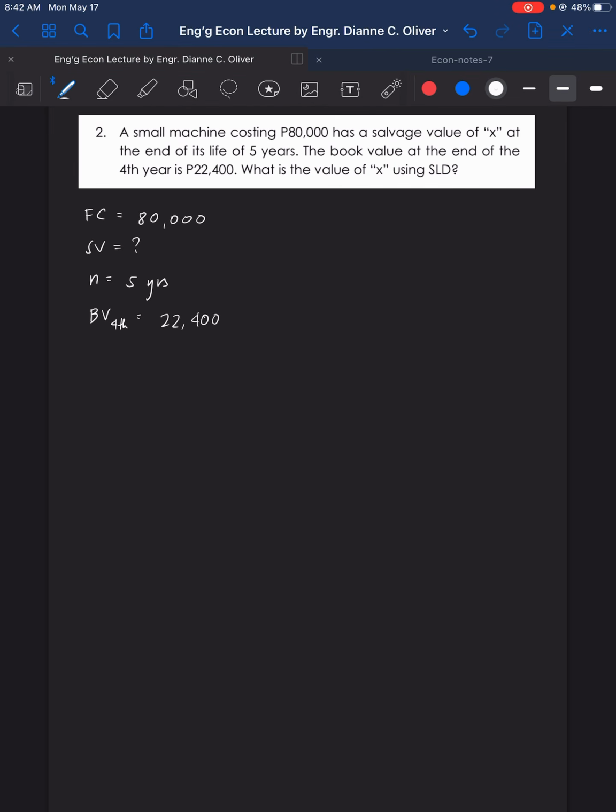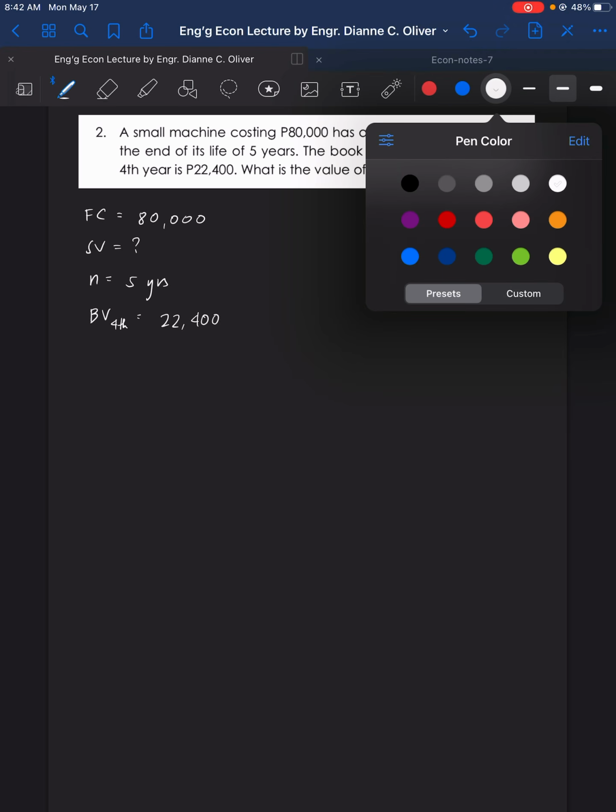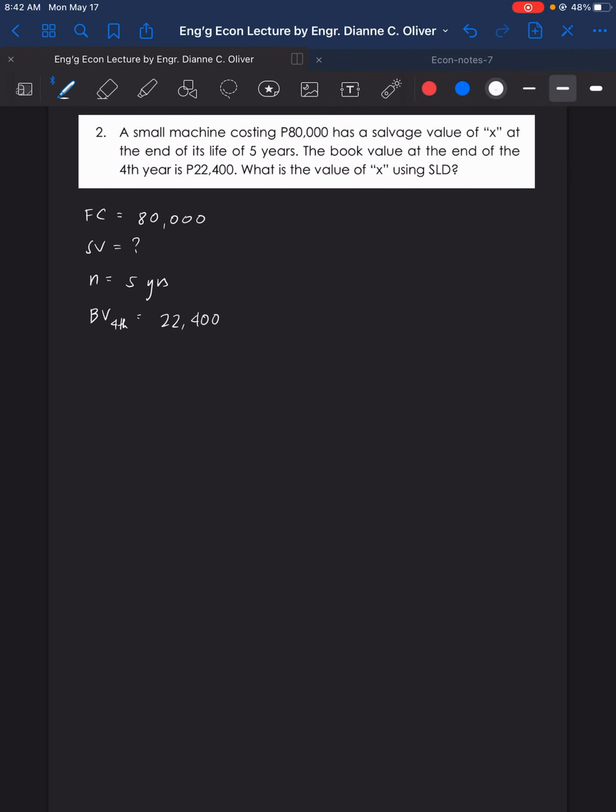Okay, so using the formula, we have here the book value is equal to the first cost minus the total depreciation. So book value is equal to the first cost and the total depreciation is first cost minus the salvage value divided by N times X years.